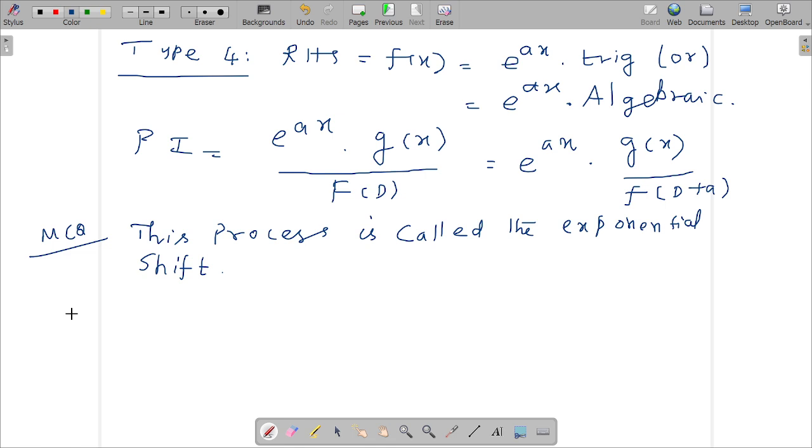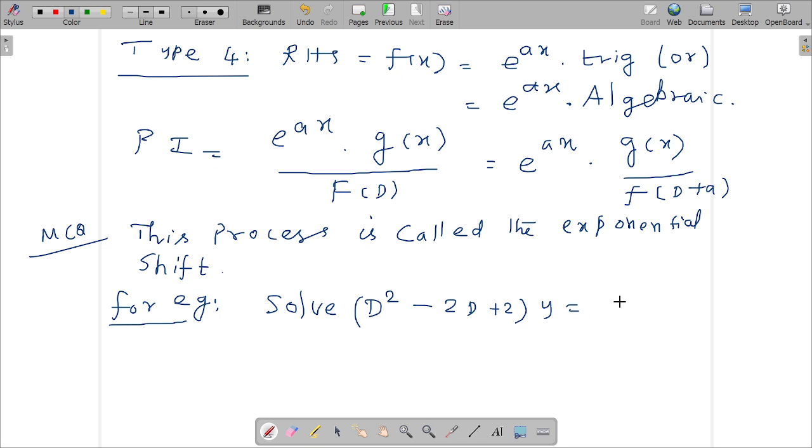For example, the given problem is D square minus 2D plus 2 into y equal to e power minus x into x square.